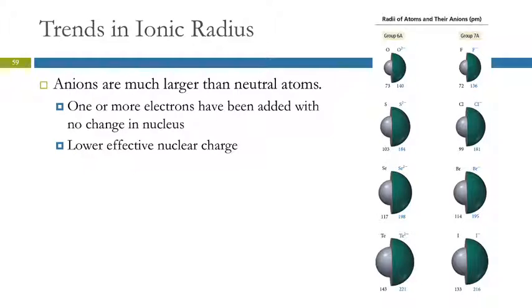So not only are we adding electrons, but the effective nuclear charge is getting lower, and so it spreads out more. The difference from going to an atom to an anion is not as huge as for the cation, but it's still pretty big. So we always see that the anion is larger than the neutral atom. Any questions?